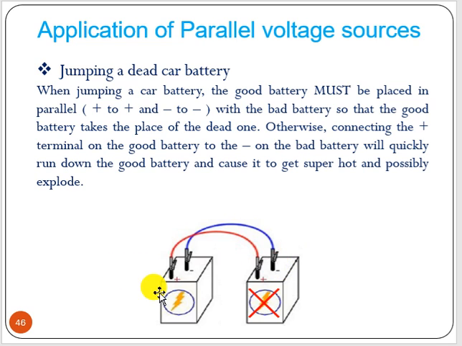Then these two are connected in parallel, and your car will start because it will take the power from the good battery. That is called jumping a dead car battery. So this is how they use the concept of parallel voltage sources.